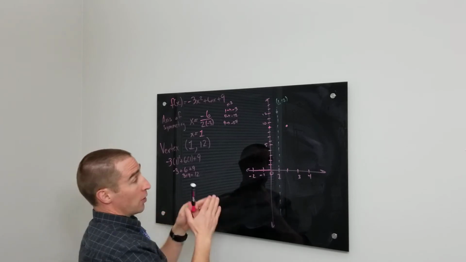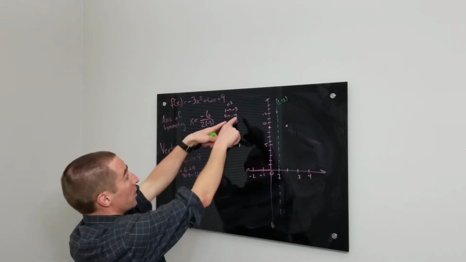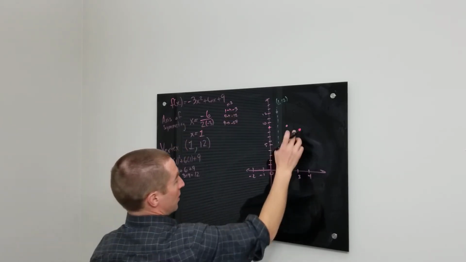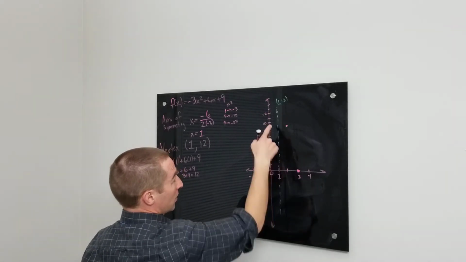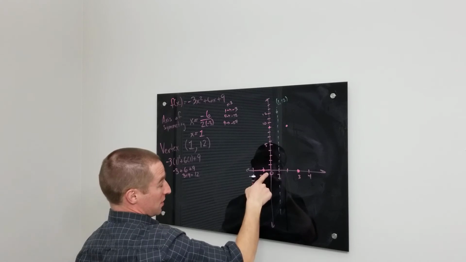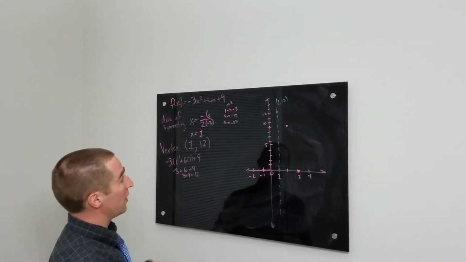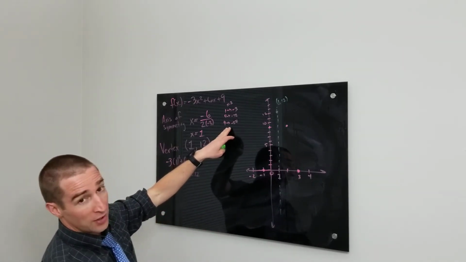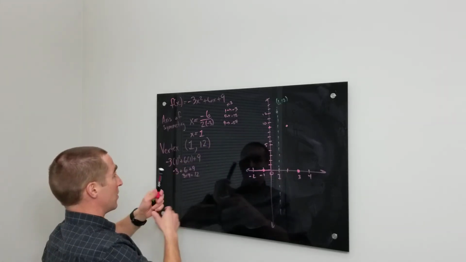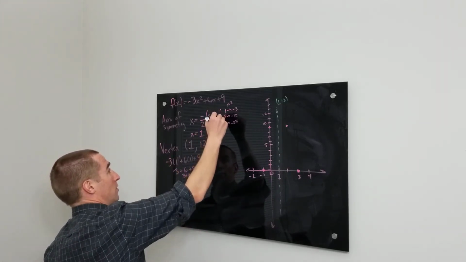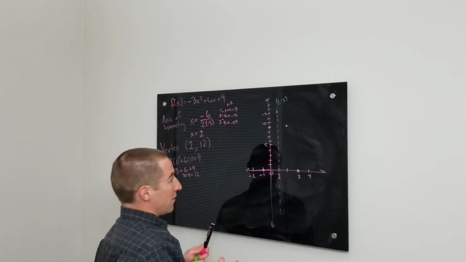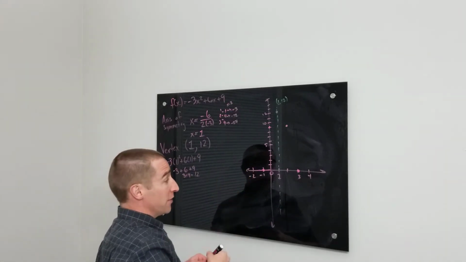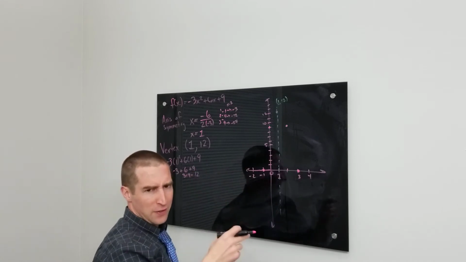All right, and then if I go 2 to the right or left, I'm going to go down 12. So that's going to put me 2 over, down 12. We're at 12. 12 minus 12 is 0. If I go 3 to the right or left, I'm going to go down 27. So 27, that's going to put me at negative 15, because 12 and 15 make 27.